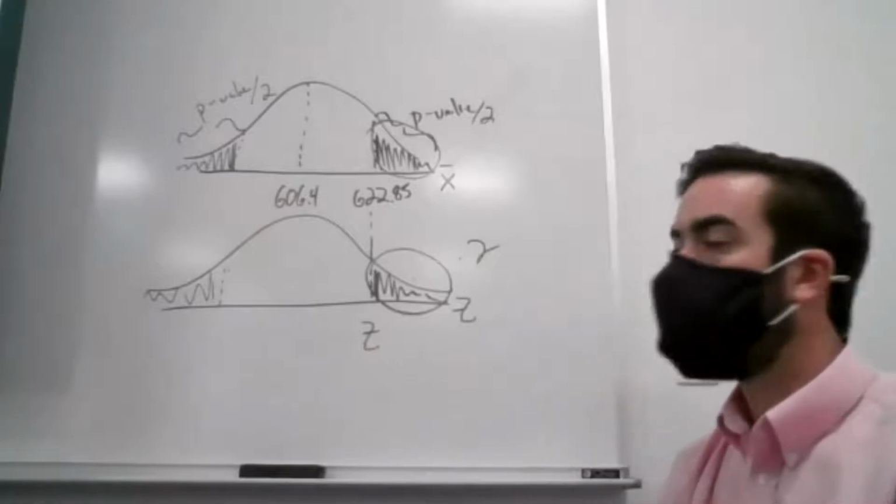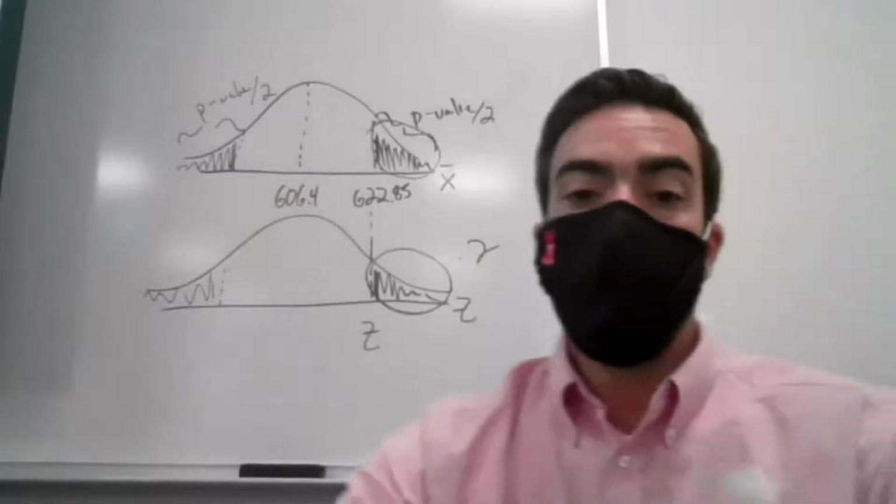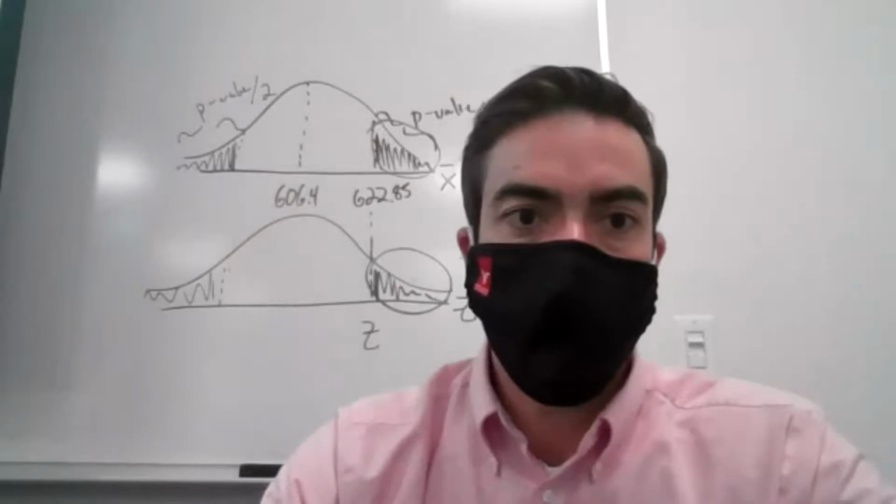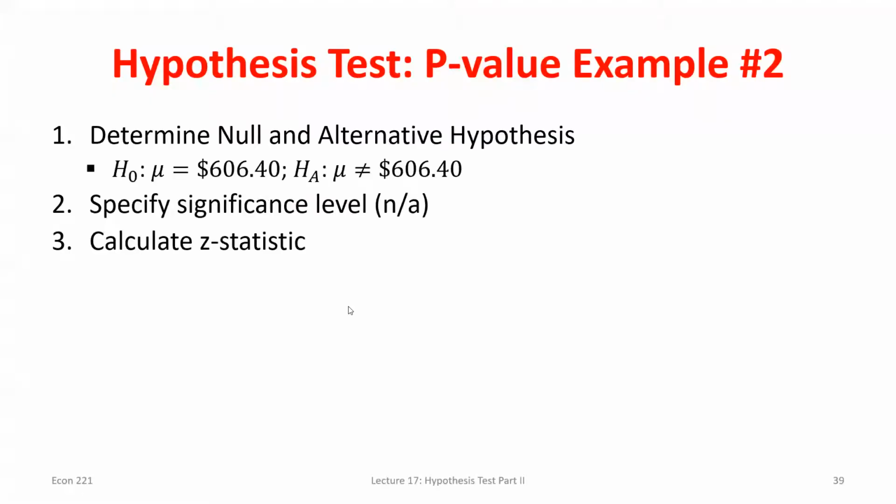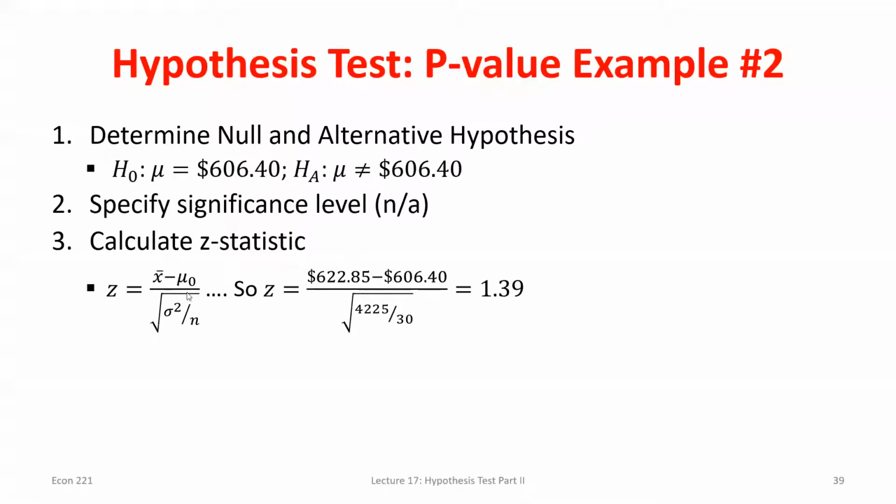So if we use that equation for our test statistic, we plug in our sample mean that we found, the assumed true mean from the null and alternative hypothesis, our population standard deviation, and our sample size. We get a z statistic of 1.39.